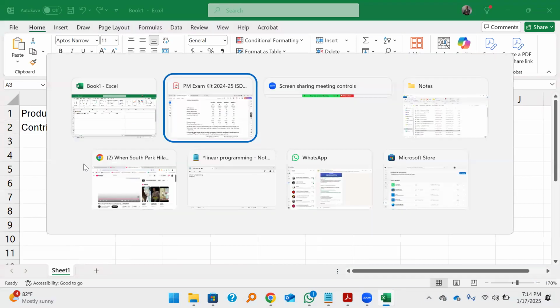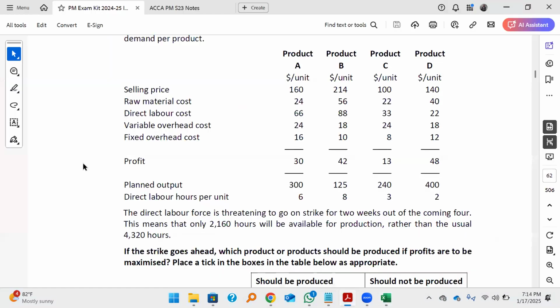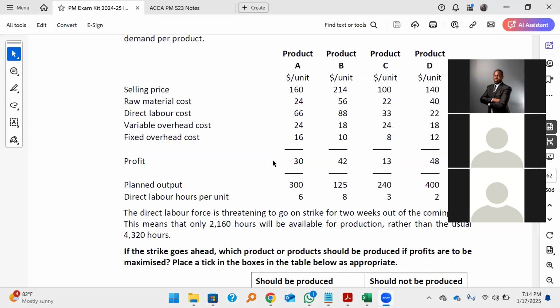Then remember what is limiting in this case. We are saying what is limiting is the direct labor hours, because they are threatening to have a strike.